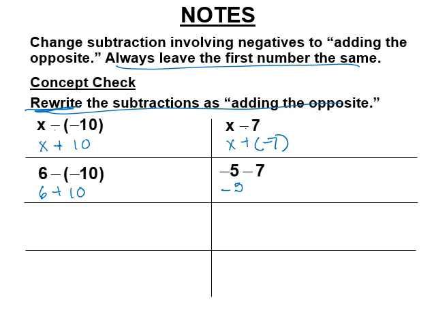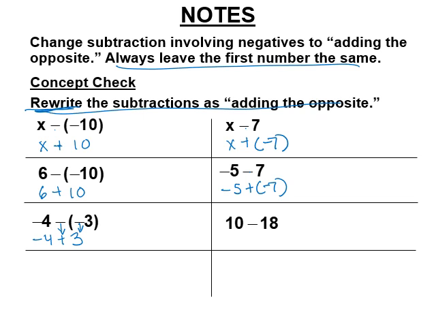Doesn't matter, positive, negative, x, doesn't matter. Stays exactly the same. You change that to adding. That becomes its opposite. So negative 5 minus 7, same as negative 5 plus negative 7. Negative 4 minus negative 3, same as negative 4 plus 3. You add the opposite. There are two things to do every single time.